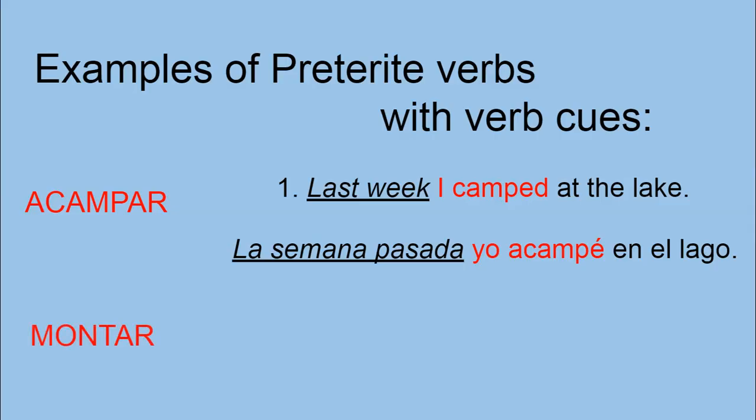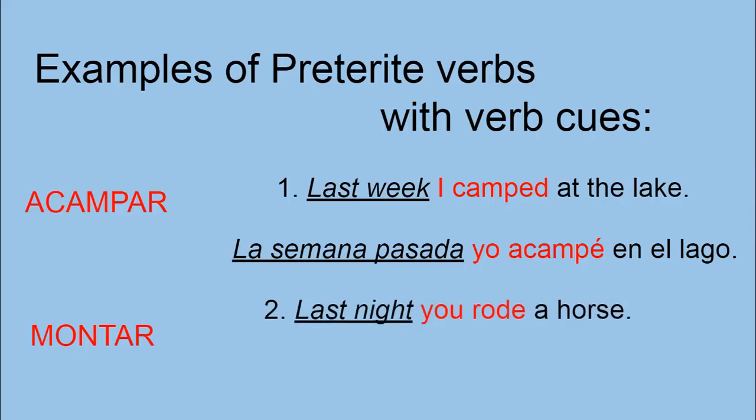So now we're going to do one with montar, which means to ride, and we'll say, last night you rode a horse. So take a second, you write it out, and then we'll check our answers. Here we go. Last night you rode a horse.